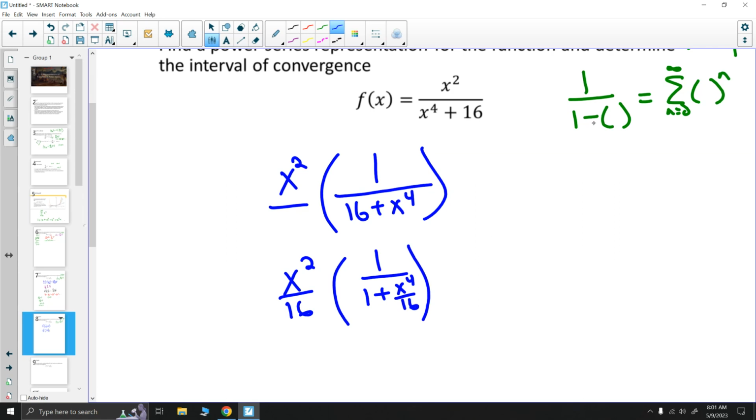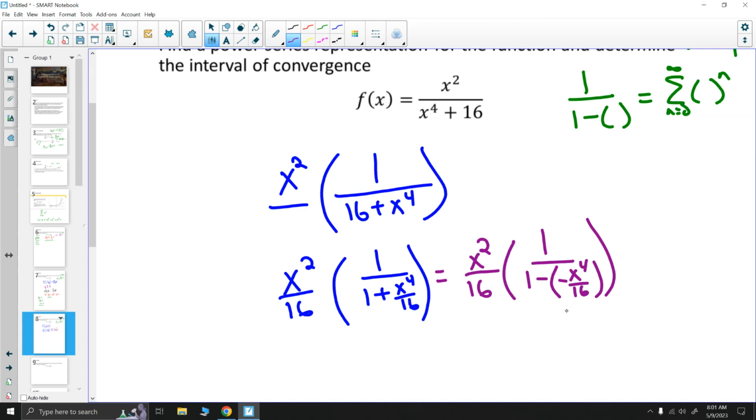Now, this is not quite there because if you notice, we always have had a minus. So I'm going to rewrite this as x squared over 16, 1 over 1 minus a negative x to the 4th over 16. Okay, now, if you think about it, we could also technically write this 16 as 2 times 2 is 4, times 2 is 8, times 2 is 16. So that's actually a 2 to the 4th as well, if we really wanted it to be. We'll probably rewrite that eventually, but at least currently we're okay.